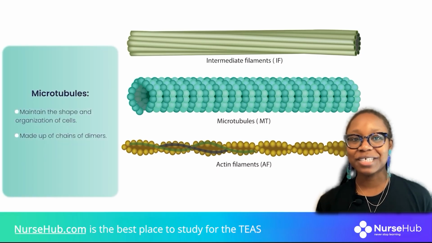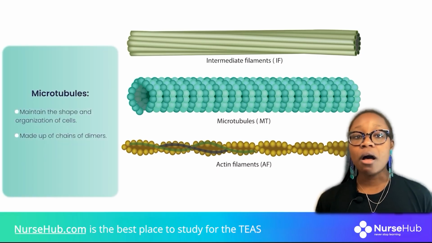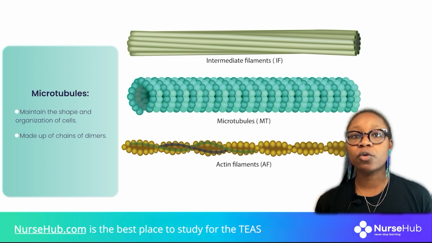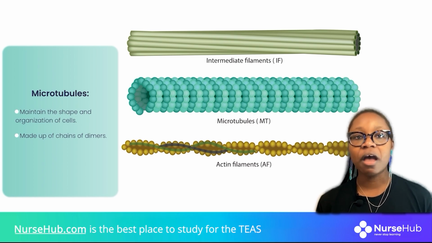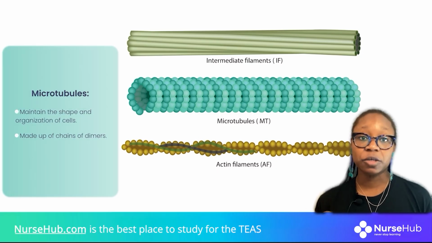Microtubules, the final type of fiber, are long tubular structures that play a critical role in maintaining the shape and organization of cells. They are a key component of the cytoskeleton, which is a network of protein fibers that provide the structural support that helps with cell division, cell movement, and intracellular communication. One important aspect of microtubules is that they are made up of dimers, which are pairs of protein subunits called alpha-tubulin and beta-tubulin.